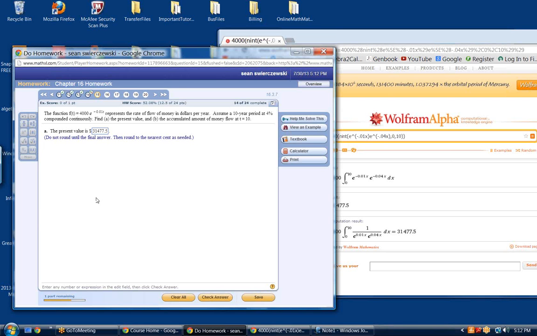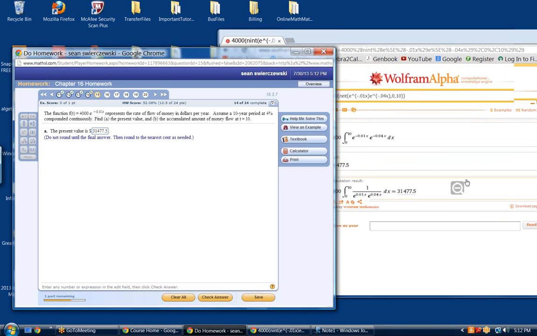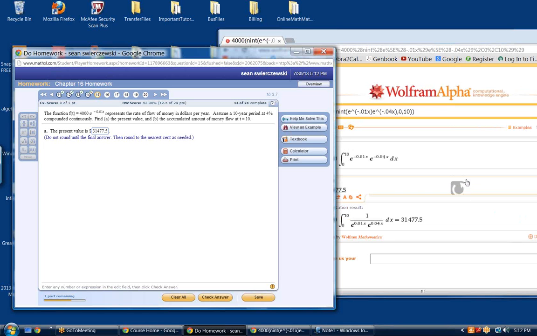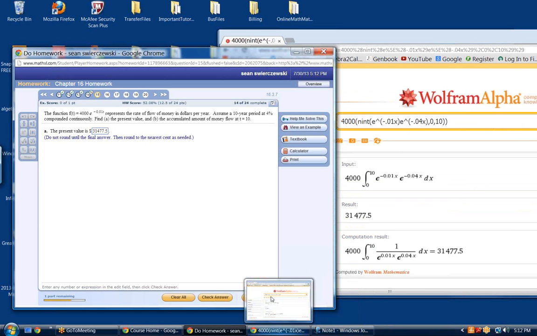This is the same problem we had on 14. We had everything that looked correct, but our answer didn't. Now, we know what the accumulated amount of money is.